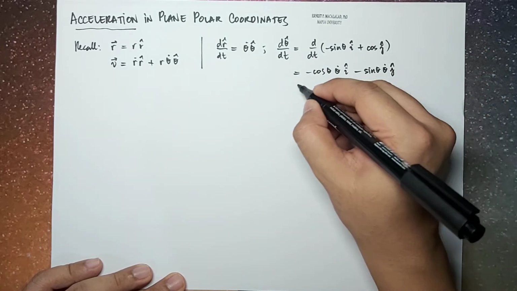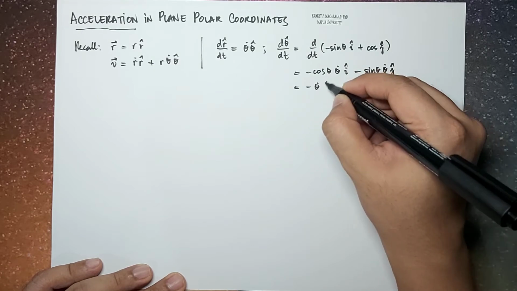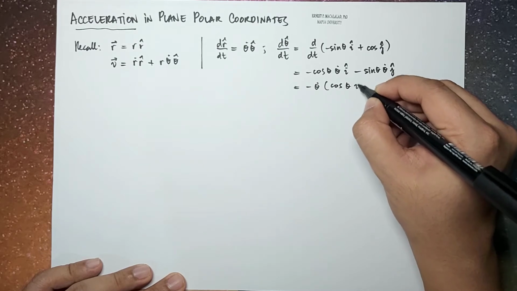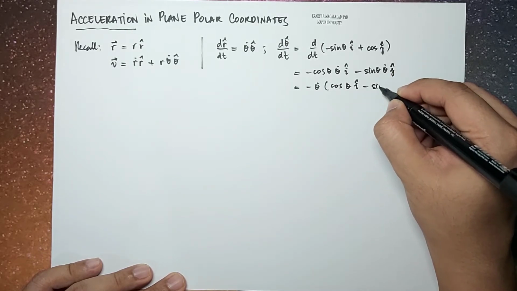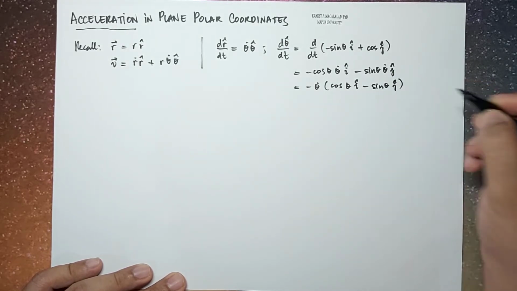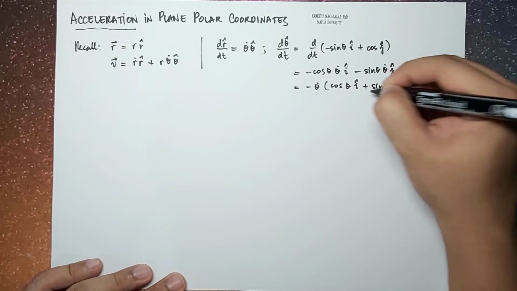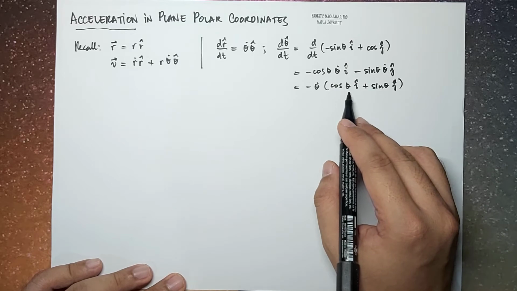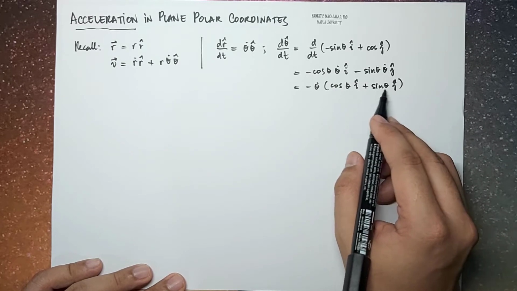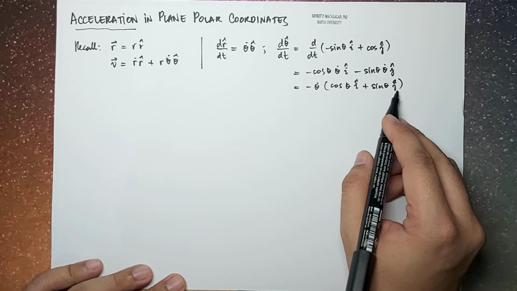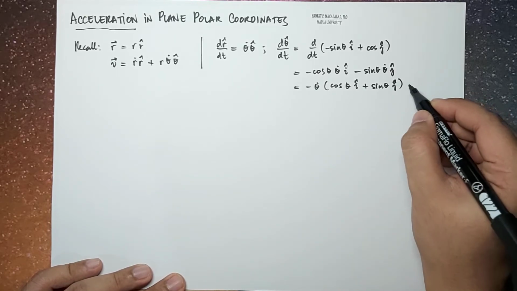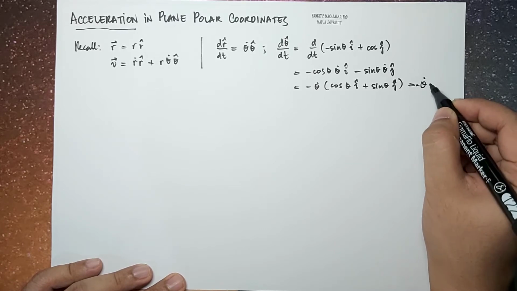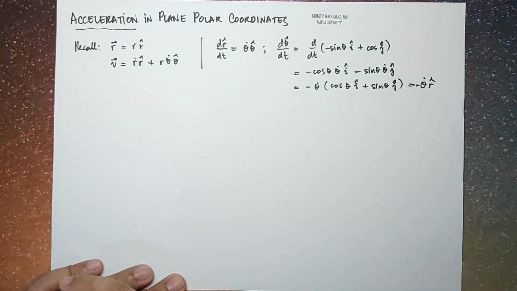So we can factor out negative theta dot. This becomes negative theta dot times cosine theta i hat plus sine theta j hat. And cosine theta i hat plus sine theta j hat, as we learned already, is r hat. So this is now equal to negative theta dot r hat.